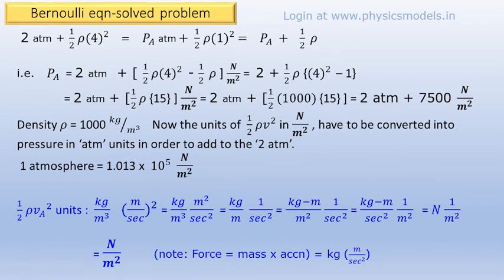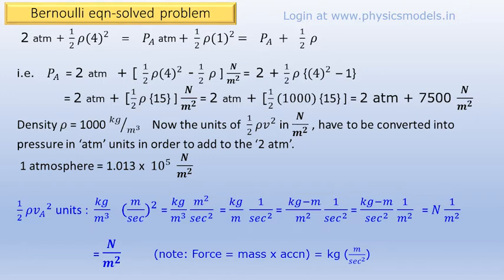We now substitute into the equation. On the left hand side you have P inlet 2 atmospheres plus half rho into 4 squared. On the right hand side you have PA in atmospheres plus half rho into 1 squared. Rearranging that, you get PA as 2 atmospheres plus a term half rho into 4 squared minus 1 squared.